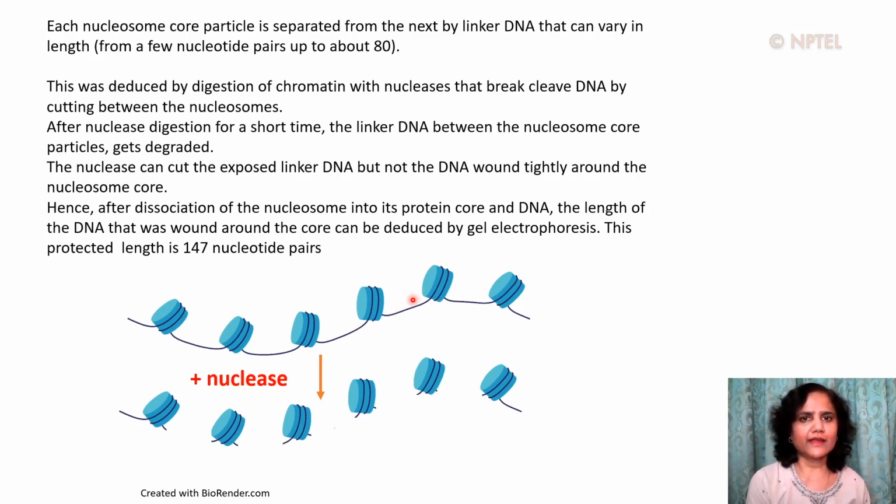The nuclease can easily cut the exposed linker DNA, but not the DNA which is wrapped tightly around the nucleosome core. Hence, after the dissociation of this core particle into its protein components and the DNA, the length of the DNA that was wrapped around the core can be determined by gel electrophoresis. And it was found that this protected length is 147 nucleotide pairs.